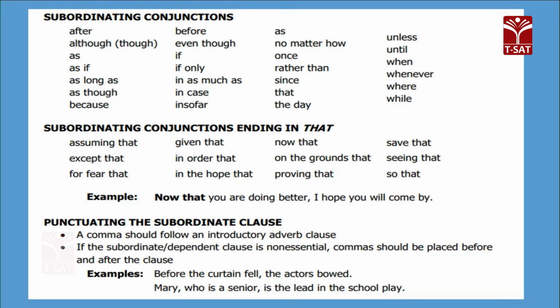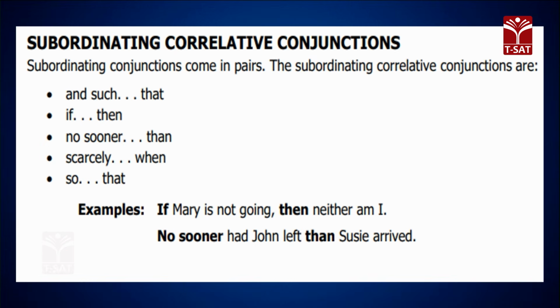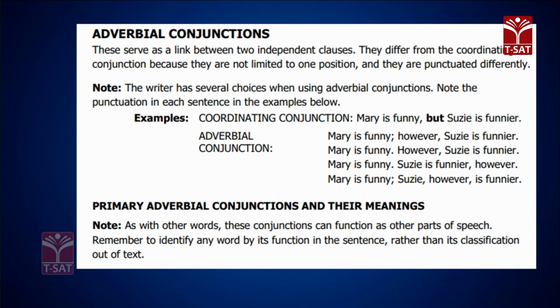I gave you the list of subordinating conjunctions, and also brief information about punctuating the subordinating clauses, and correlative conjunctions also, and adverbial conjunctions, okay, how they are supposed to be used and how they are used with reference to punctuation and how they convey different meanings, we have also discussed.